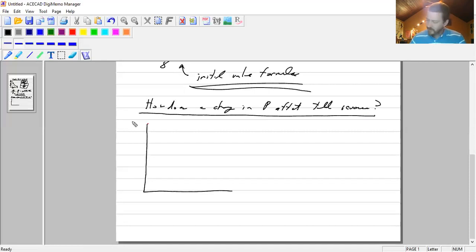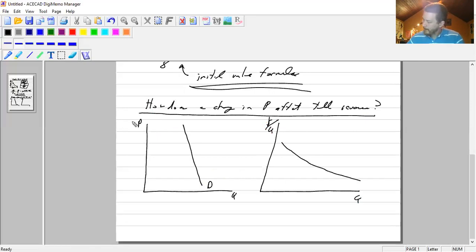So we're going to look at two different examples here. Over here is the relatively inelastic example, and here's the relatively elastic example.